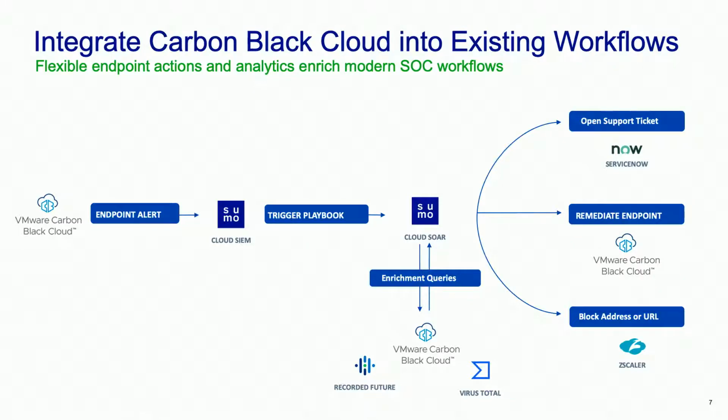Let's look at an end-to-end kind of workflow and where the various technologies fit in. We'll start over on the left with the Carbon Black Cloud. Now, this is also going to be Workspace ONE, vSphere, other technologies as well. With Carbon Black Cloud, we are taking our endpoint telemetry, that's alerts, that's going to be threat intelligence, that will be events that generate the alerts.